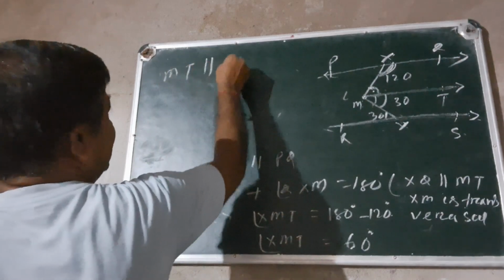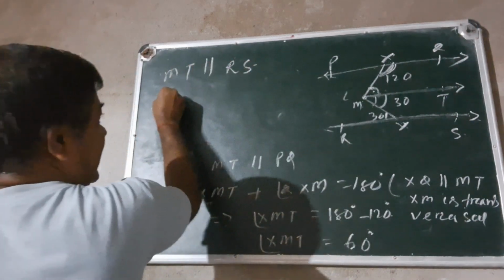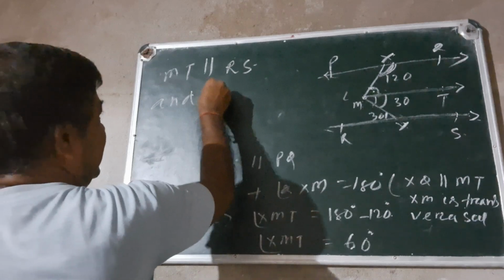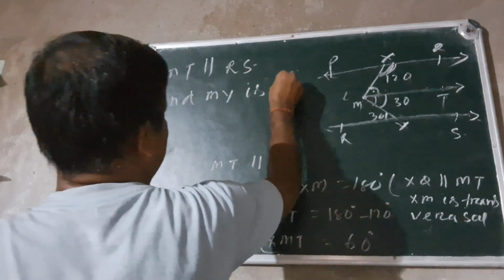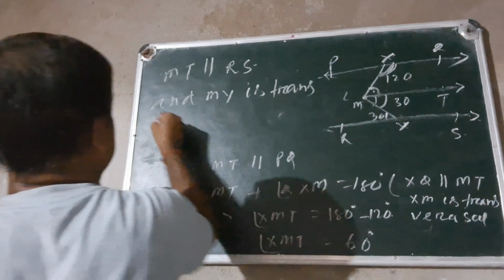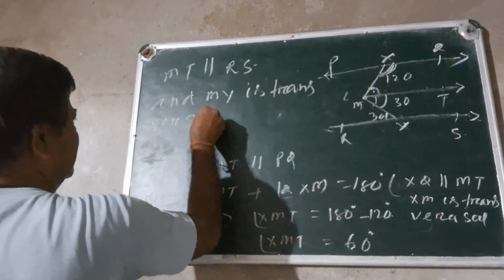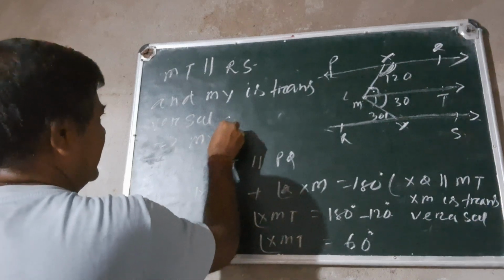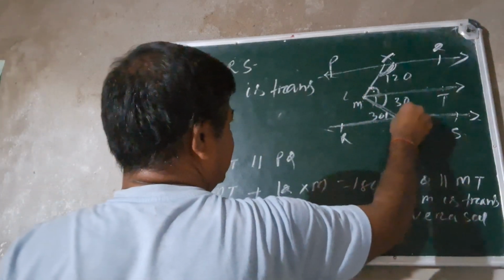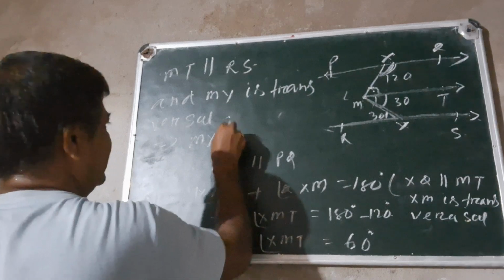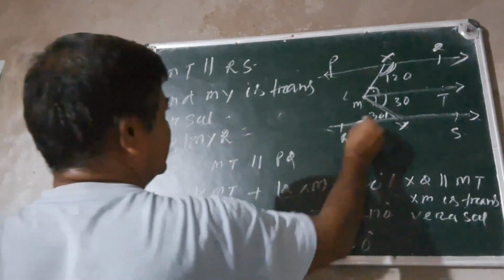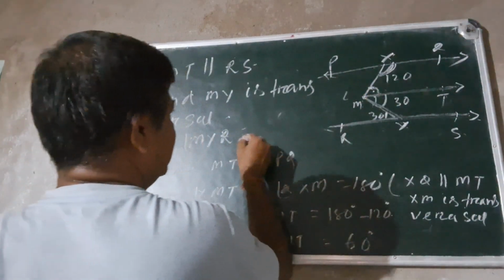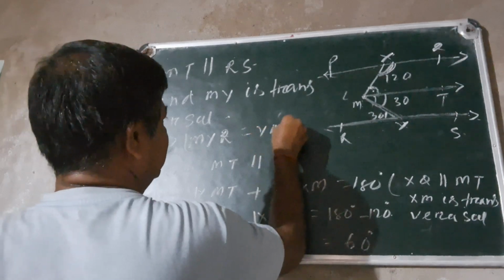MT parallel to RS and MY is the transversal. That implies MYR equals this angle, equal to YMT.